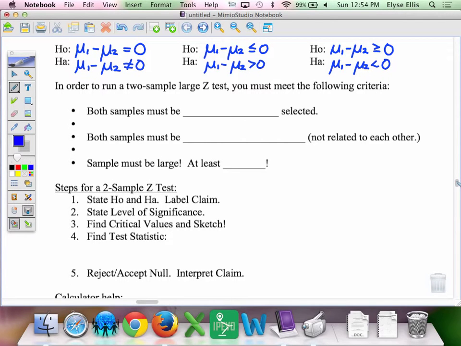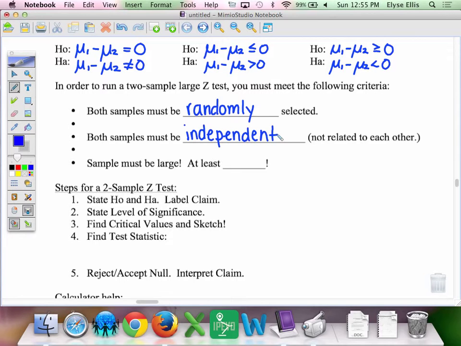In order to run a 2-sample z-test, there's a couple criteria that you need to have. Both samples must be randomly selected. Both samples also need to be independent. So one sample can't affect another one.